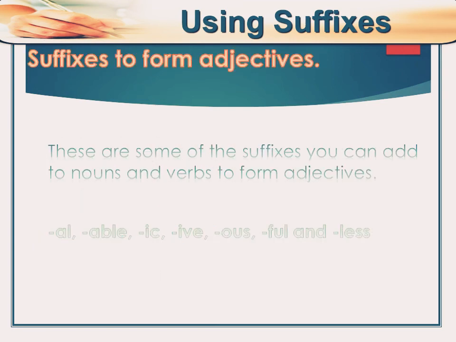But which are those suffixes that help us to form adjectives? There are some suffixes that we can add to nouns and to verbs to obtain new words, in this case the adjectives. The suffixes are al, able, ic, ive, ous, ful, and less.